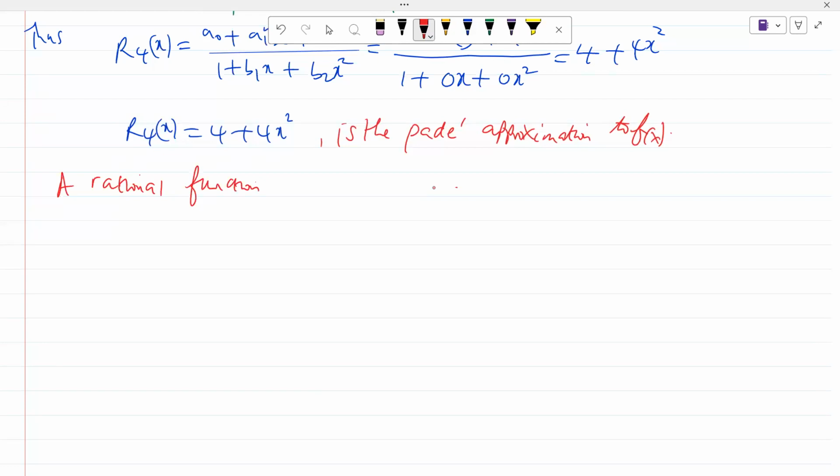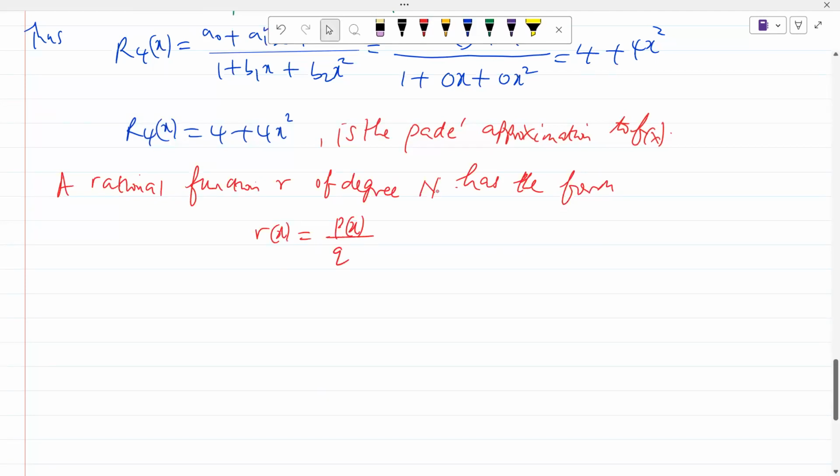Okay, this is basic. A rational function R of degree capital N has the form R of x, which is P of x divided by Q of x.